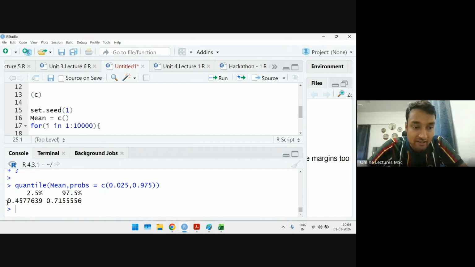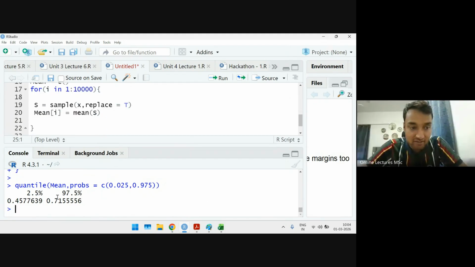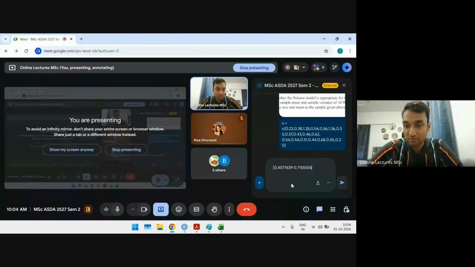They should now exactly match. I'm just pasting my answer in the chat box. If your answer is not matching mine, just let me know. You can share your screen and we can discuss that.